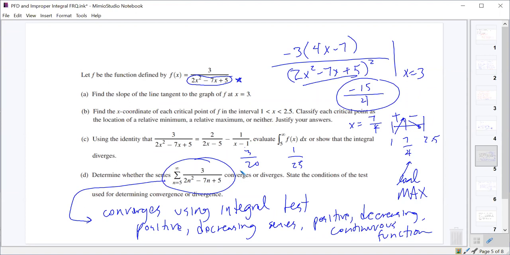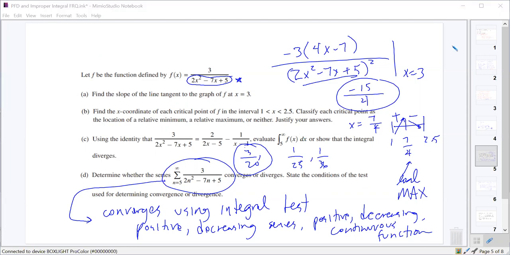And we would need that limit to, let's see here, we need the one on top to increase less rapidly than the one on the bottom. So we need to know, since 3/20ths, and then if you put in n equals 6, what's that going to come out to be? These values are actually larger. 3/20ths is more than 1/25th.